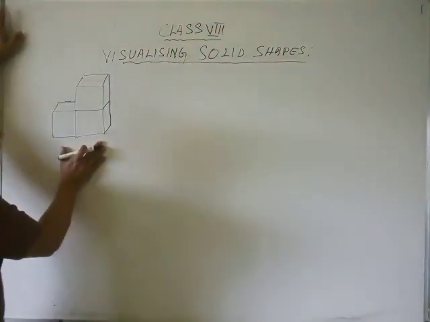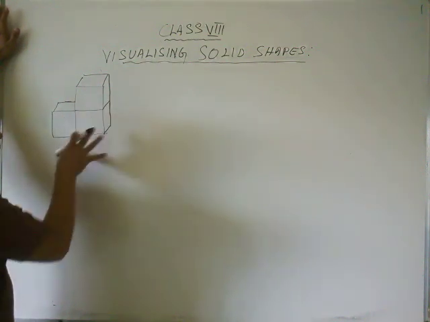Suppose this is a solid which is made up of three cubes. 1, 2, 3.